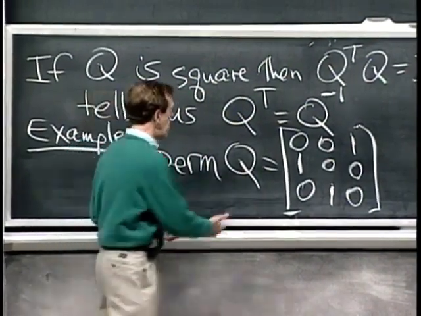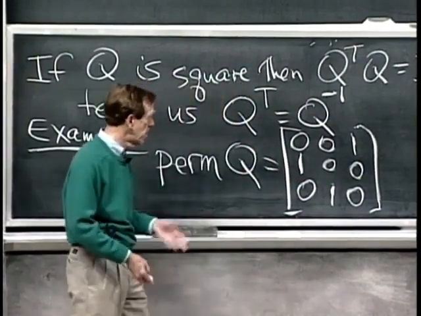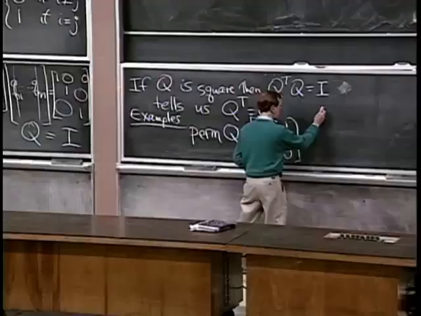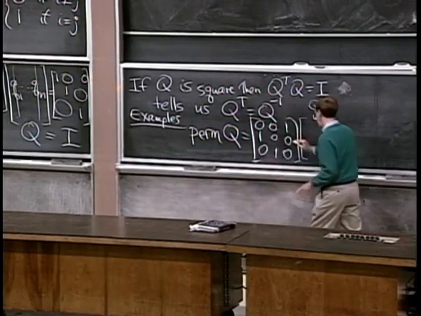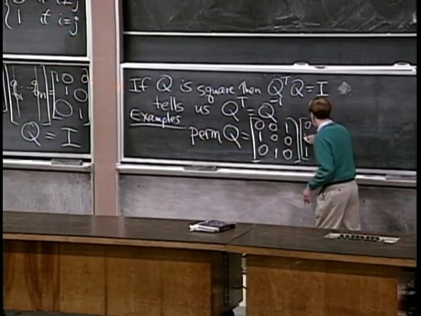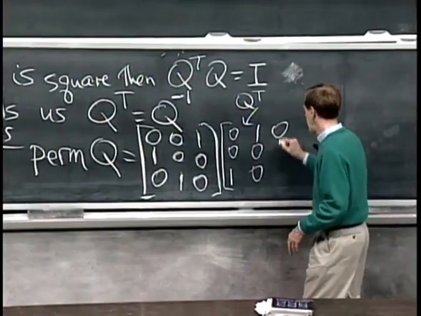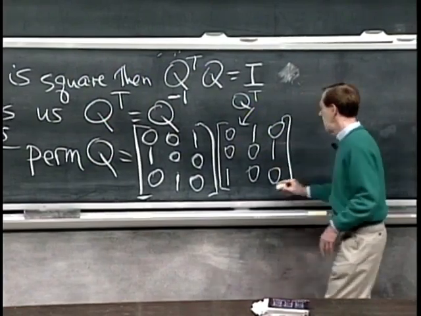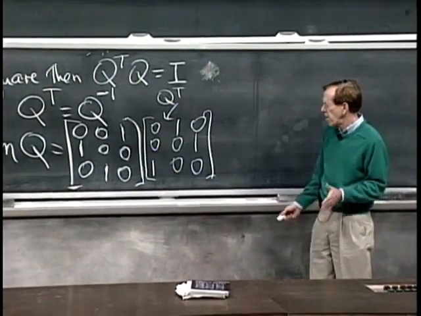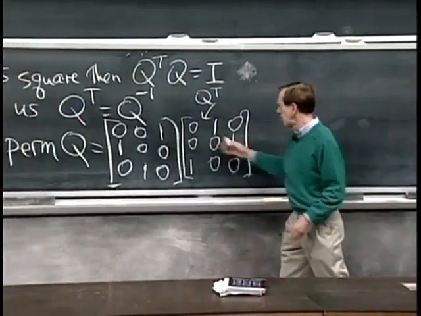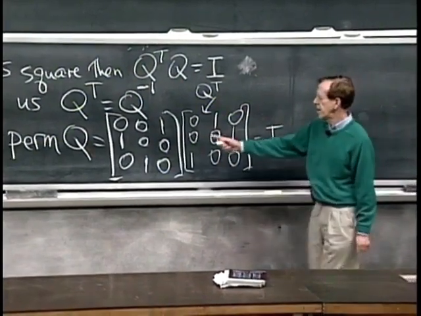And if I multiplied by Q transpose, shall I do that? Let me stick in Q transpose here, just to do that multiplication once more. Transpose makes that into a column, that into a column, that into a column, and the transpose is also another Q, another orthonormal matrix, and when I multiply that product, I get I. Okay, so there's an example.